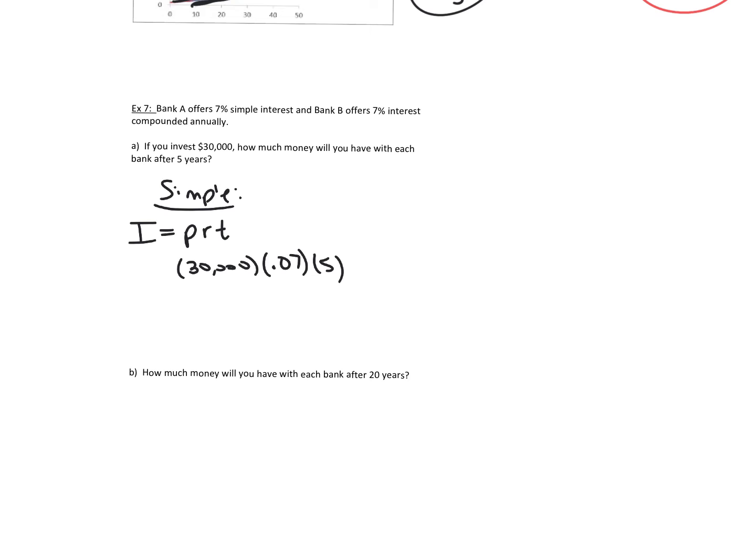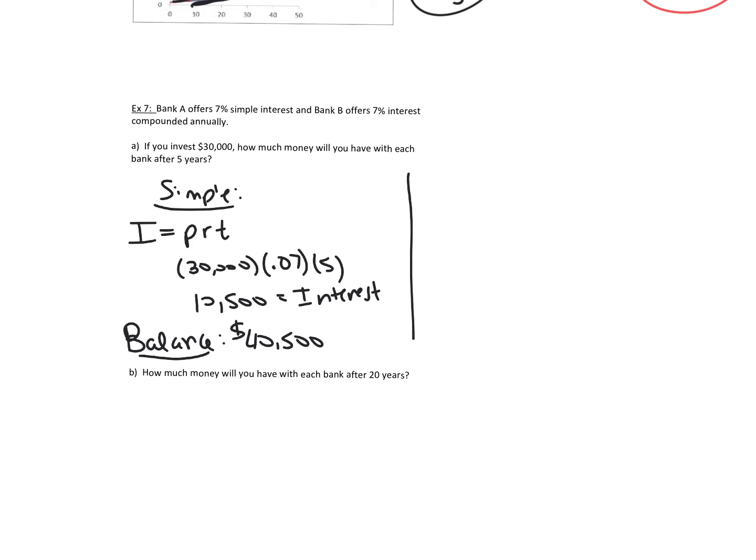So if I multiply 30,000 times 0.07 times 5, that means I'm earning $10,500 in interest. That's the extra money that I'm getting. So altogether, what we call the balance, I now have the original investment of 30,000 plus the 10,500. So I just add those together and I have 40,500. That's my balance.